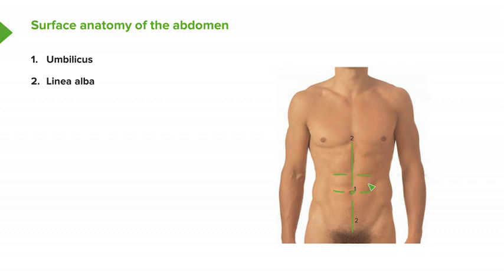Lateral to these muscles, we can see we've got this line running down here, separating the six-pack from the more lateral musculature, which we'll cover in due course. And these are known as our semilunar lines. So we have the linea alba in the midline, we have the umbilicus, and then lateral to it, we have a pair of semilunar lines here and here.